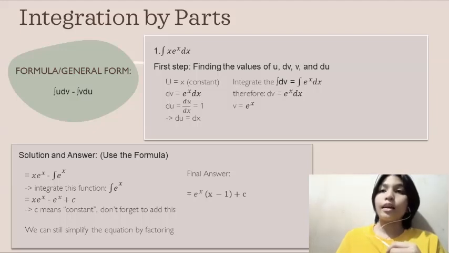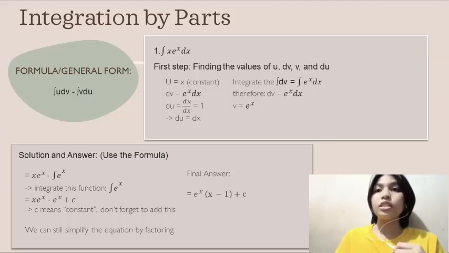U is equal to x. dv is chosen by taking the remaining function of the equation. Afterwards, we have to integrate both sides to get the value of v, which is e raised to x dx. And lastly, our du is the derivative of the function. Du over dx is equal to 1, and then dx can be multiplied to the right side. Therefore, the final answer for du is equal to dx.